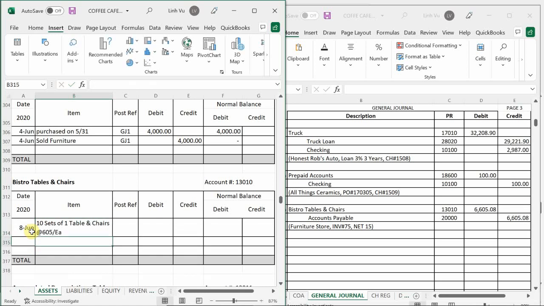Okay. Post reference was General Journal number 3. Okay. And we acquired it for a total of $6,605.08.